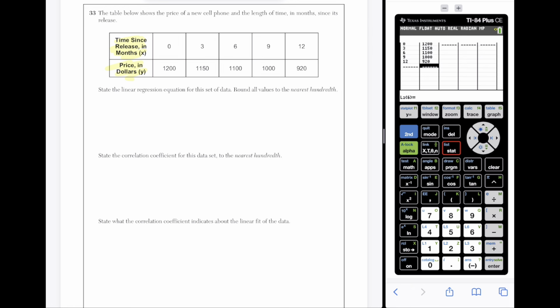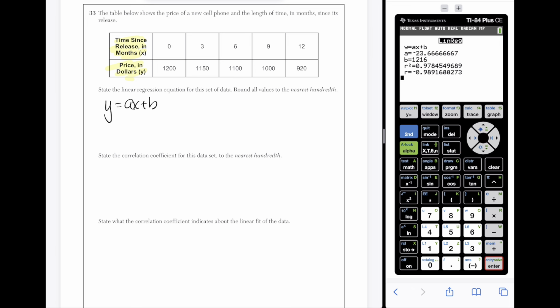So now we're going to go back to stats, move over to calculate, and you're going to go down to 4, linear regression, and hit enter. We want those first two lists, 1 and 2, and calculate. And now this is going to give us the information that we want. So y is equal to ax plus b.